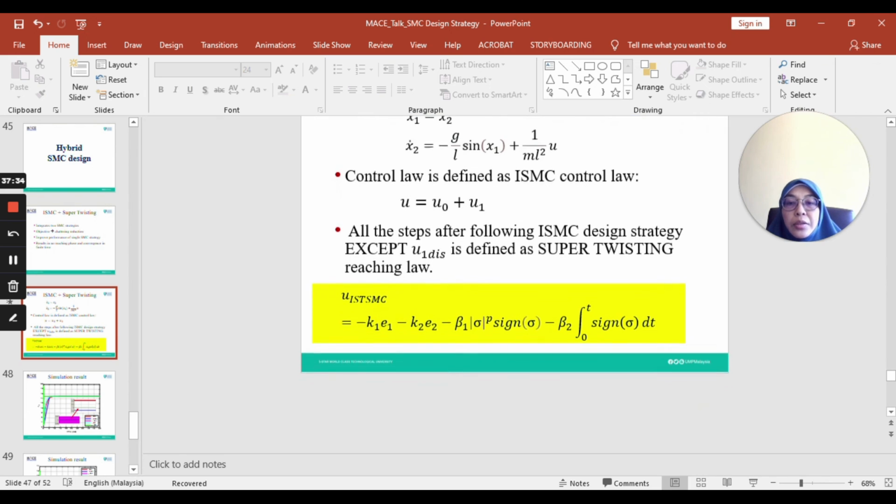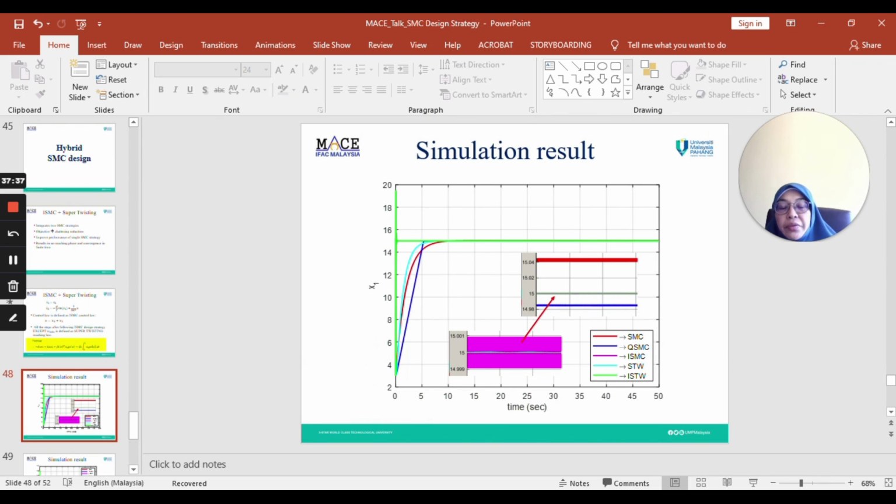Now I want to share some of the simulation results. You can see here this is output X1. The red one is SMC, the blue one is QSMC, then we have ISMC, we have super twisting, and finally the integration between ISMC and super twisting. I zoom into this line.